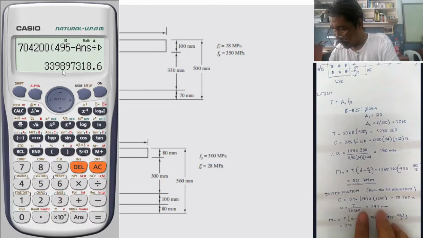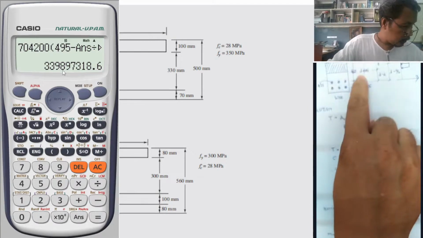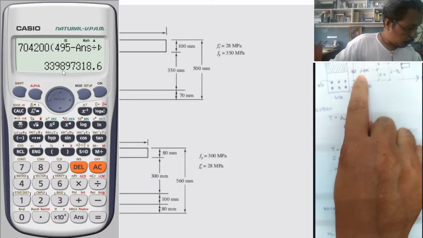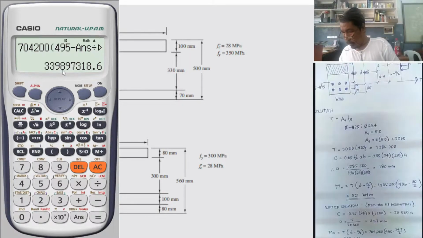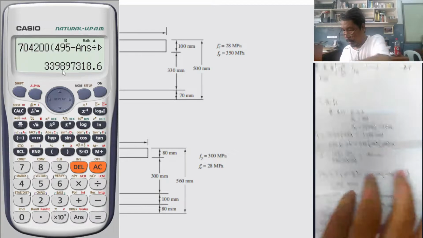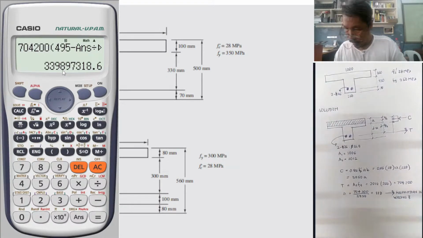This is not our problem. Our problem is T. This is not the one. Our problem is T. So this one. This is problem number 3. Okay. I have the wrong one. So I have to do it here.